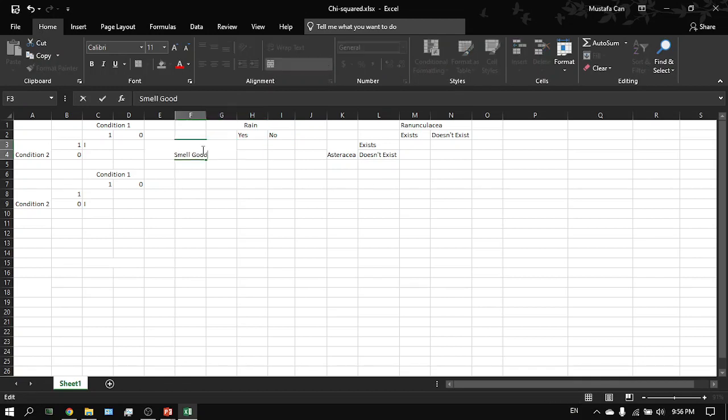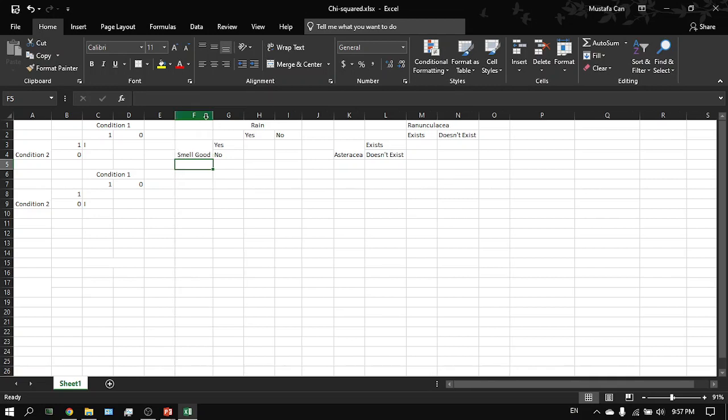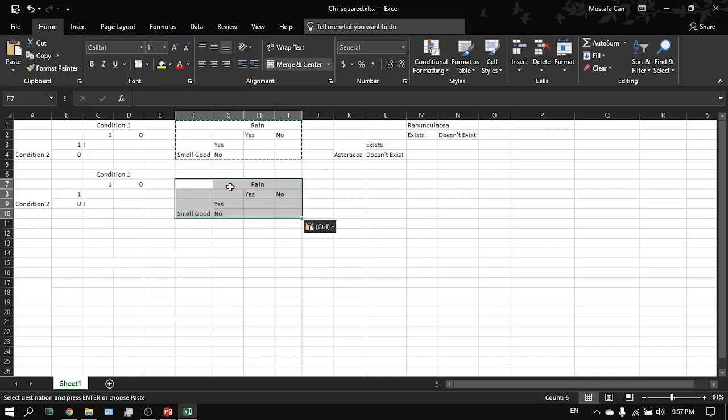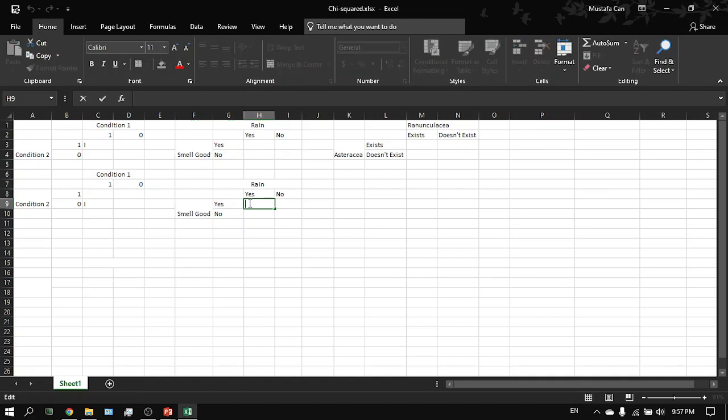Let me write smell good so it wouldn't be confusing. On the first day, you take your table, open your window, see that it's raining, take a whiff, and smell some good air. Bam, you place your marker here.